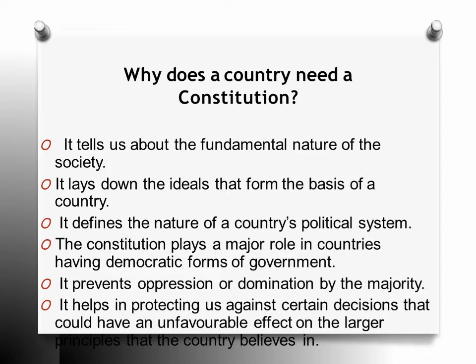And then at that time, the partition of India and Pakistan was also imminent, and some of the princely states remained undecided about their future. So all these issues played in the minds of the members of the Constituent Assembly when they drafted the constitution.